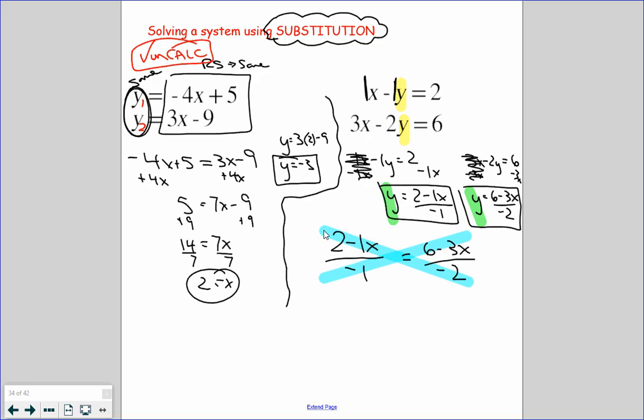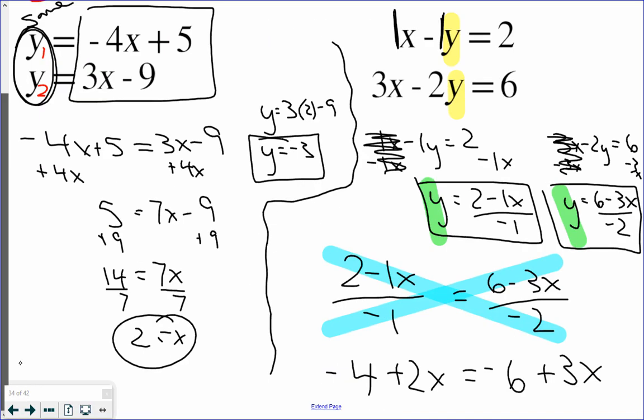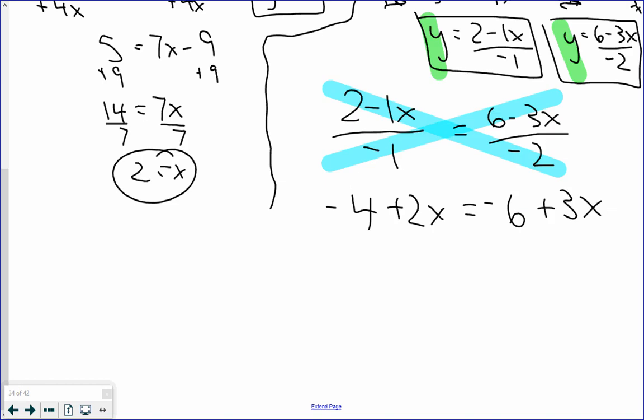So 2 times -2, -1 times -2, -1 times 6, -1 times -3. Okay. At this stage now, x is to one side, numbers to the other.